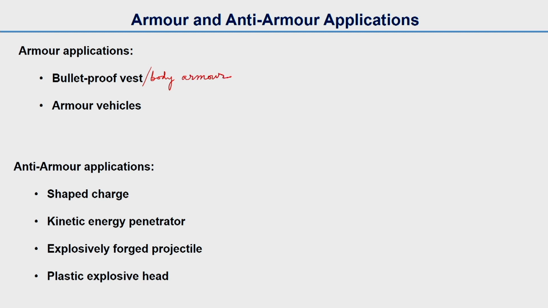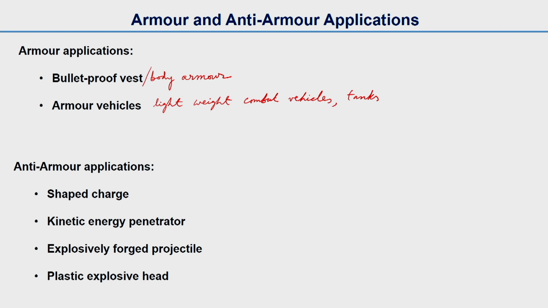Armor vehicles can be lightweight combat vehicles or heavy tanks, or even general vehicles for VIPs, very important persons, or any top government officials. So these applications need high strength impact resistant material.